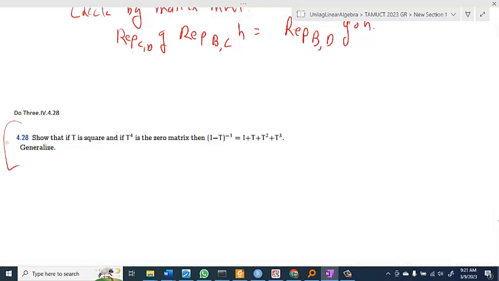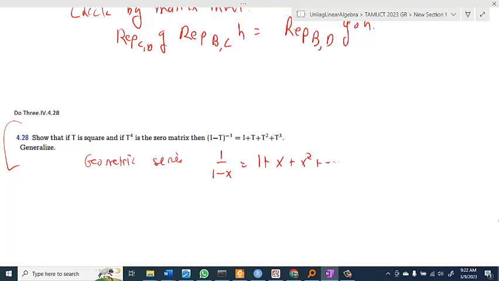Show that if T is square and T to the fourth is the zero matrix, then I minus T inverse equals I plus T plus T squared plus T cubed. Now this is a very interesting problem because, if you take the geometric series, 1 over 1 minus x is equal to 1 plus x plus x squared plus dot, dot, dot.